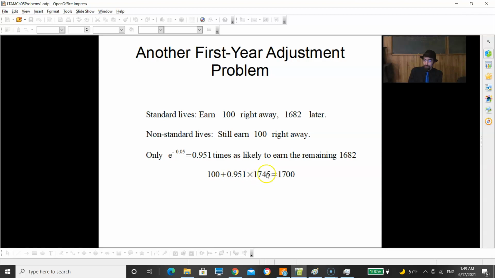Why do I have 1745 here? I believe this is a typo. Yes. My apologies. This 1745 should be 1682. I don't know where I got this from, but plugging in 1682 here gets the correct number.